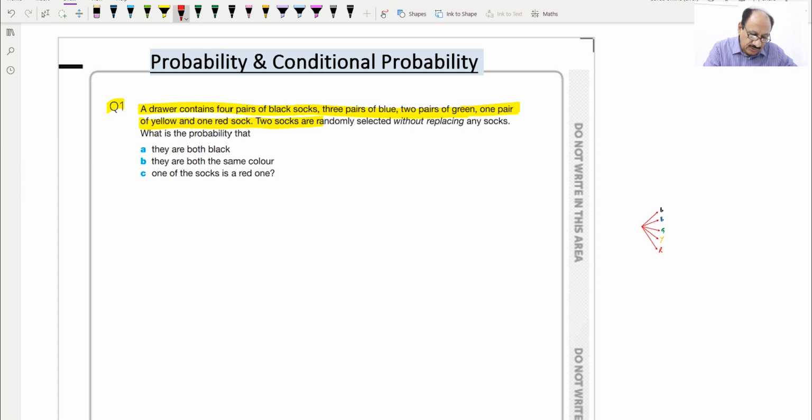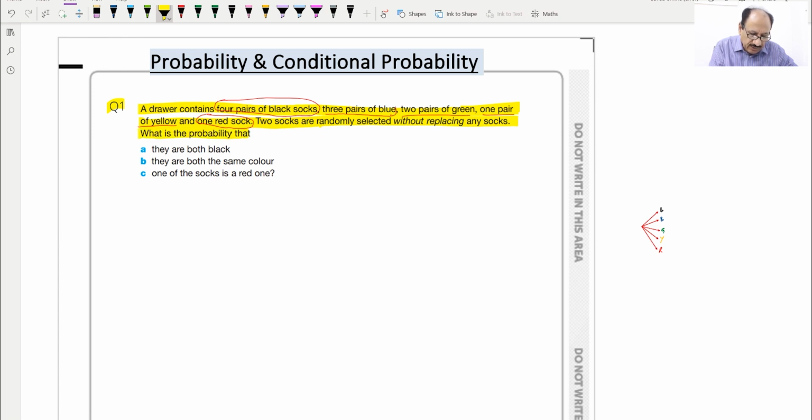If you notice here, they have used the word 1 red sock, and for the others they are using 4 pairs of black socks. This is plural. Similarly, 3 pairs of blue, 2 green and 1 pair of yellow. For red, they are saying 1 red sock. So this is important. Then 2 socks are randomly selected without replacing any socks.